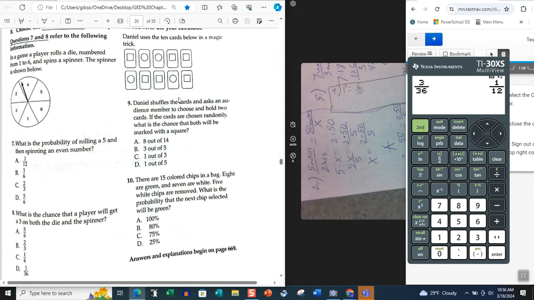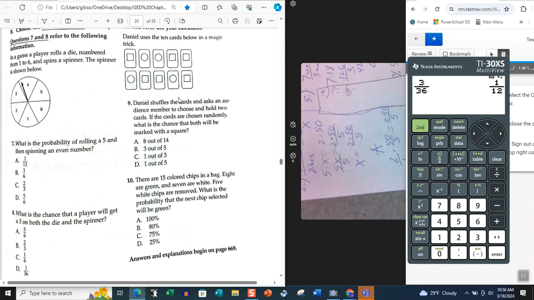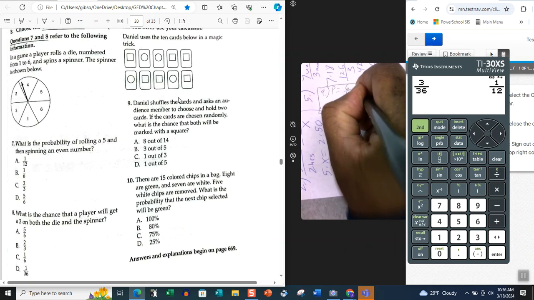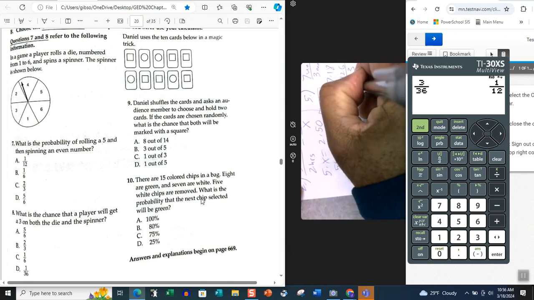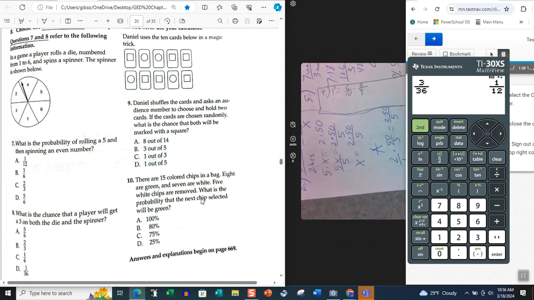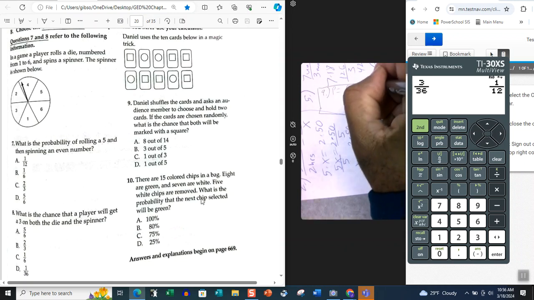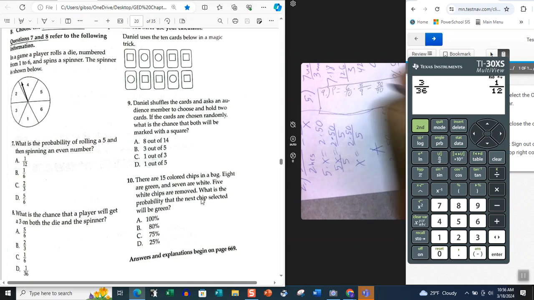But remember, it's assumed that the first one is a square. So that means your possible choices go down to 9. And then since we're looking for another square, it'll only be 5 square cards left. So now we multiply. 6 times 5 is 30. 10 times 9 is 90.